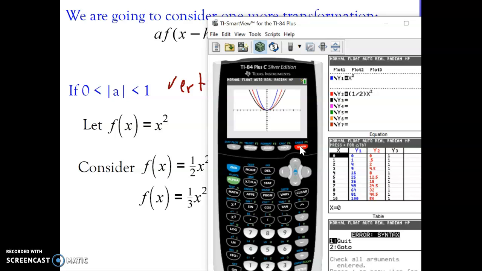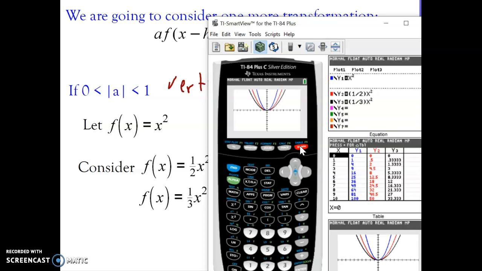So look at what's happening now. It's like the parabola is opening out farther. Basically what we've done is we've smushed it down so that it's now at 1/2 or 1/3 the height that it was before. So again, if you think about our pretend person that we're stretching, now we're going to shrink him and we're going to put our hands in his hair and on his feet and we're going to smush him down and make him half the size that he was before.